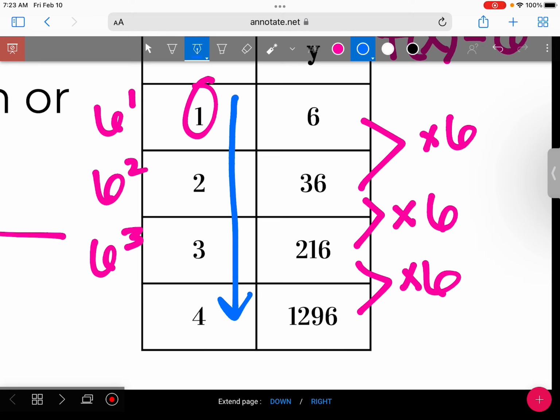You go 1 to 2 to 3 to 4. That's growing positively, right? So as x goes towards infinity, f of x is going towards what? Is it going towards negative numbers or positive numbers? Bigger positive numbers, right? So as x is going towards infinity, f of x is going towards infinity.